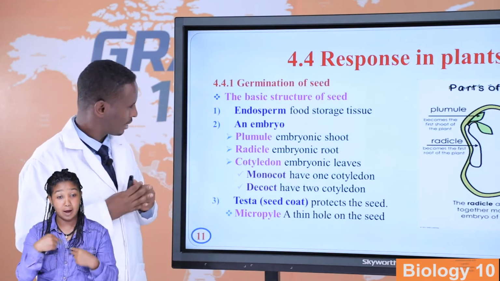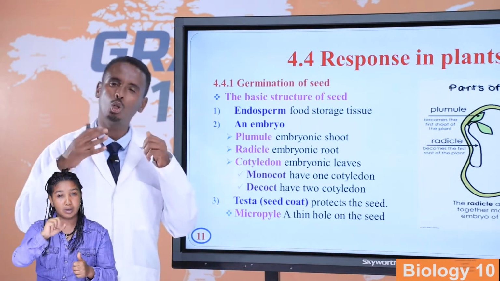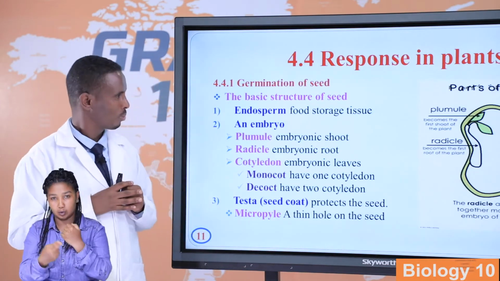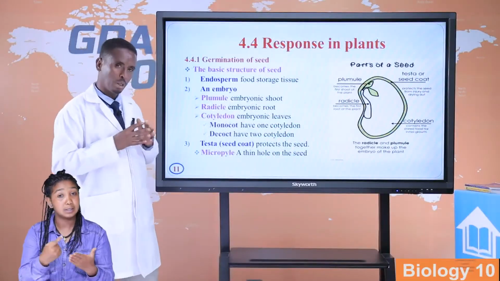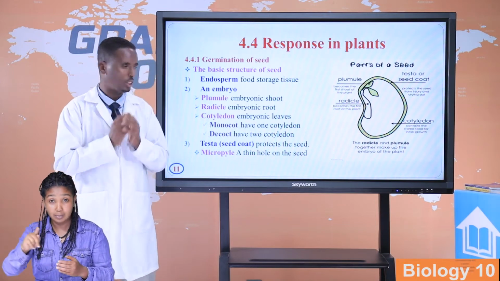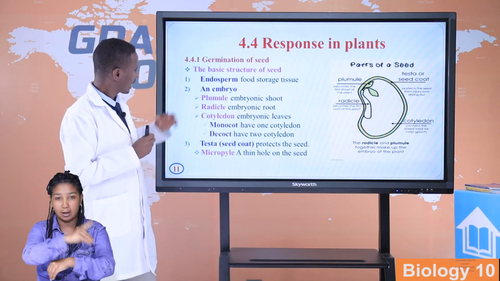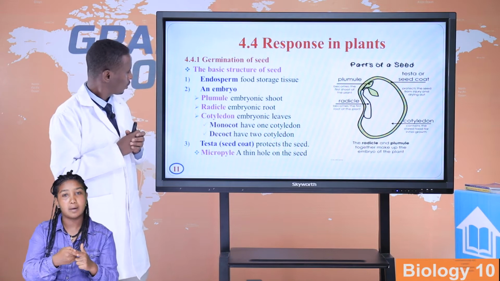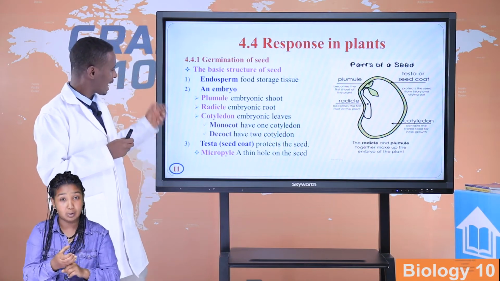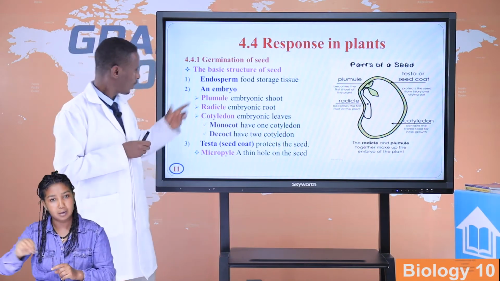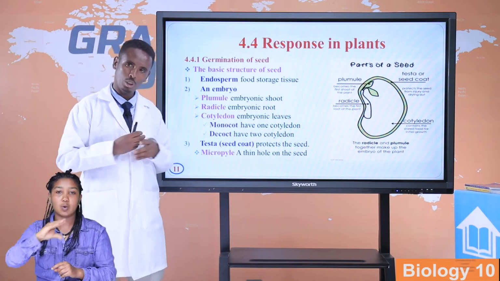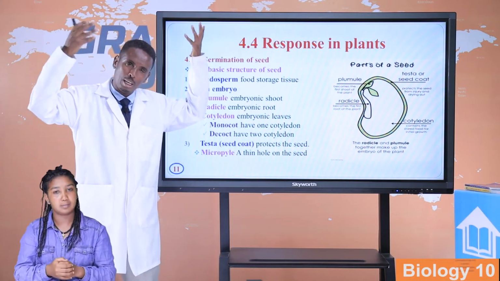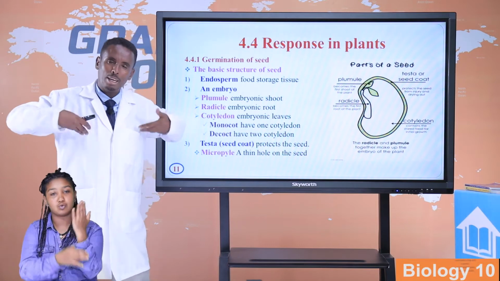Seeds have these parts. The first one, endosperm. It's a food storage tissue. This endosperm is very important during the time of seed germination. The other is an embryo, which contains a plumule, radicle, and cotyledon. The plumule is an embryonic shoot which gives rise to the shoot system, the stem and the leaf.